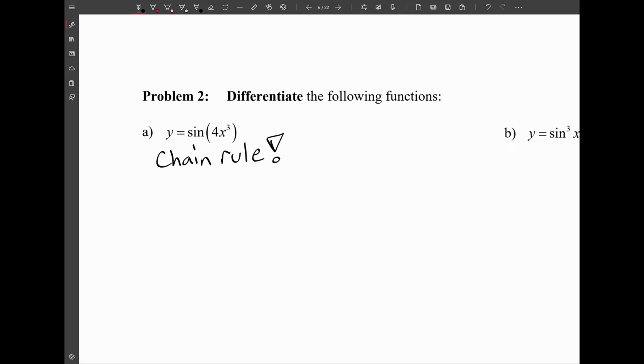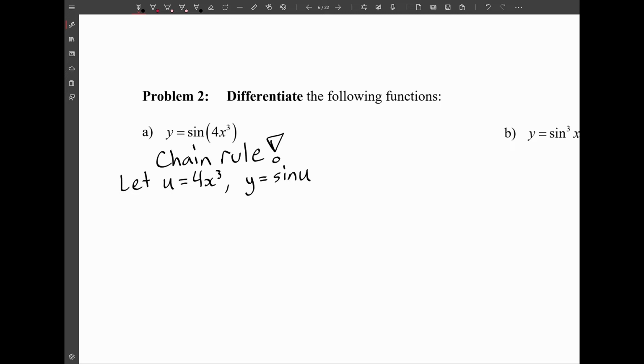But I'm going to start doing it the proper way. So I'm going to use that u value here. I'm going to let u be equal to 4x cubed, and y can then be written as sine of u. Again, this is just a nice substitution to make it a little easier for us to solve.